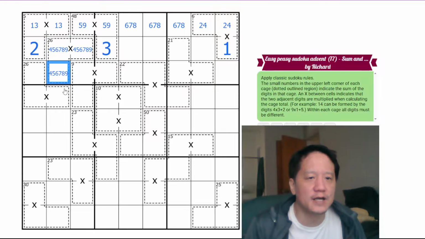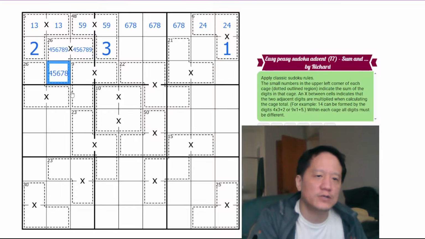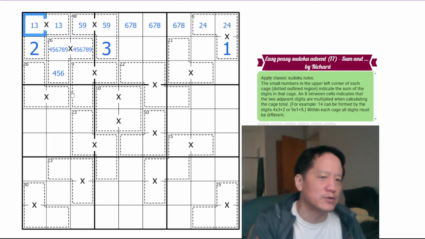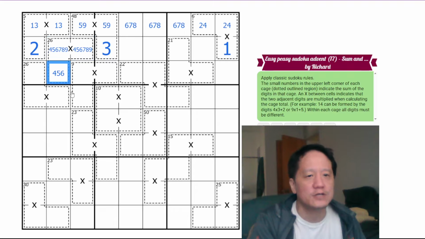26 minus 9 is 17, which is prime, so that doesn't work. 26 minus 8 is 18, which could be 3 times 6 or 2 times 9, but we don't have 2 or 3 available, so this doesn't work. 26 minus 7 is 19, which is prime, which doesn't work. 26 minus 6 works if this is 4 and 5, so that works. 26 minus 5 is 21, which is 3 times 7, but we don't have access to a 3 in the box, so that doesn't work.